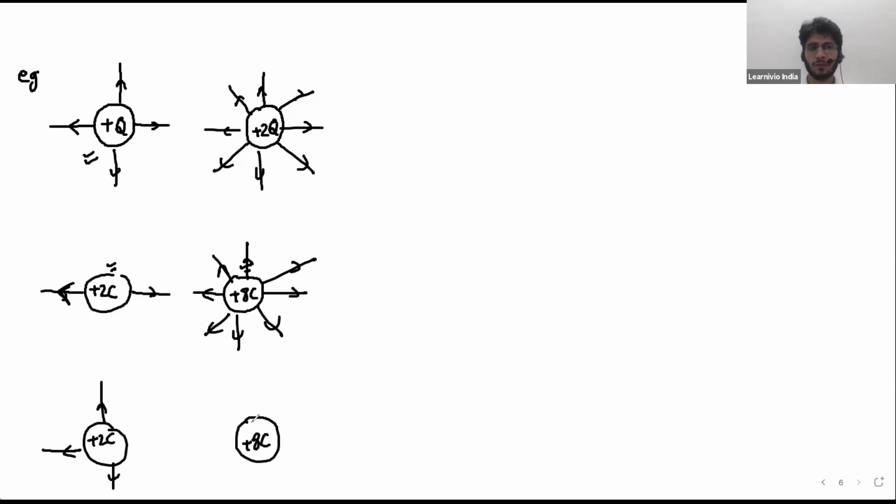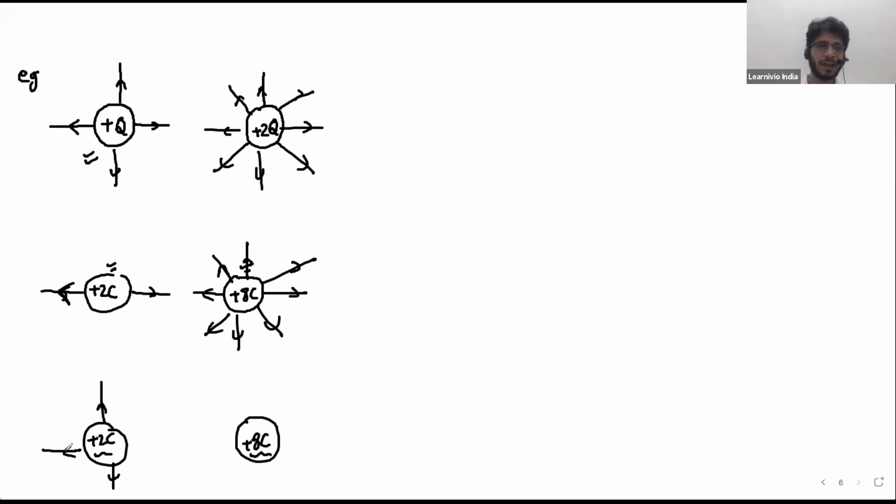What's the relation between 2 coulomb and 8 coulomb? 8 coulomb is 4 times 2 coulomb. So if the charge becomes 4 times, the number of field lines will also become 4 times.